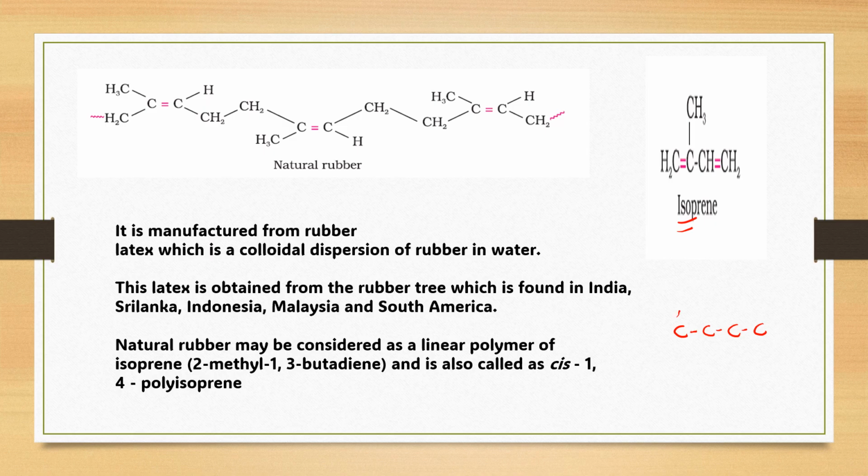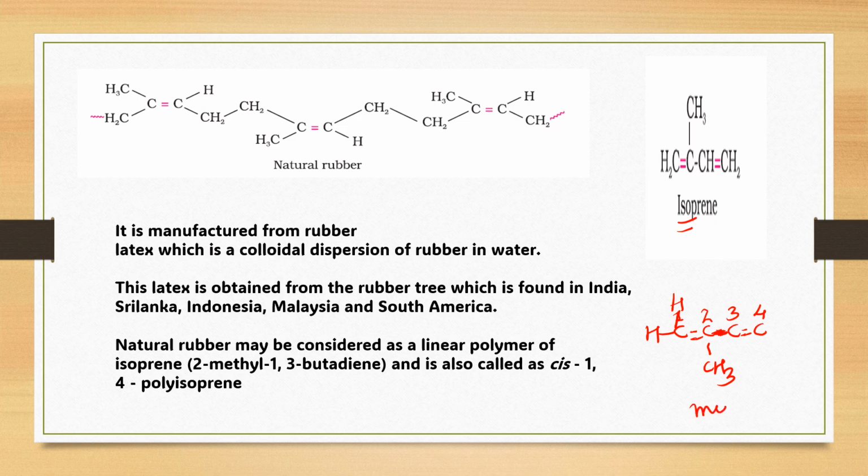So first carbon is this, second and third, and this is fourth. So this is first, this is the second carbon. This is having single bond. Third carbon will have double bonds, and this is 2 methyl. So the second carbon will have a methyl group, and rest positions are filled by hydrogen atoms. This is about the isoprene molecule.